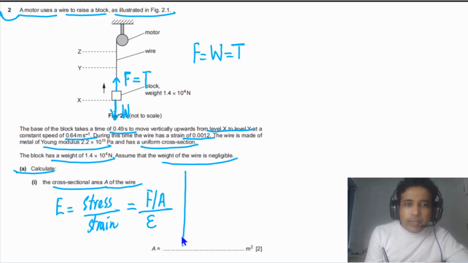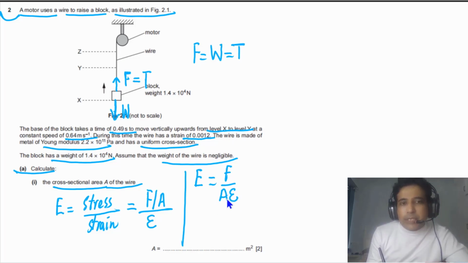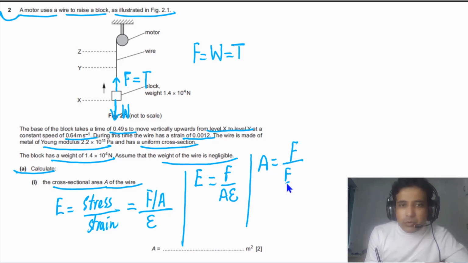For this question, we need to calculate A, so we can rewrite this: Young's modulus is equal to F divided by A times epsilon. We make A the subject, so A will be equal to F divided by Young's modulus times strain.